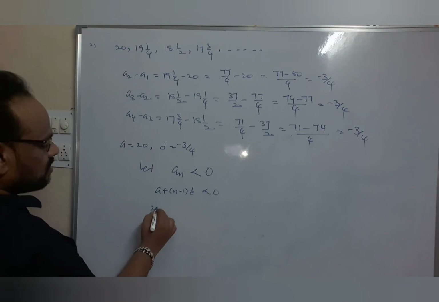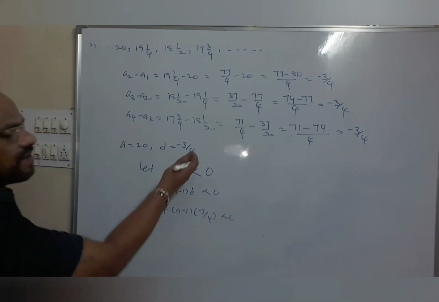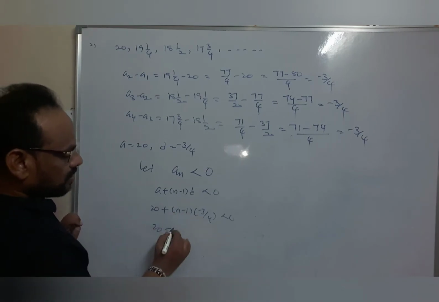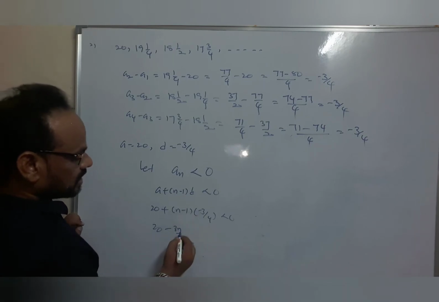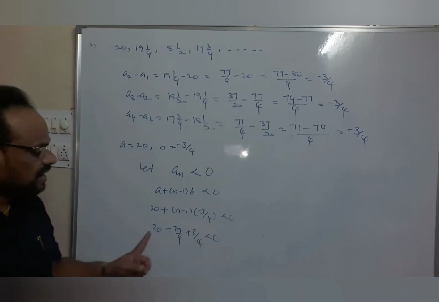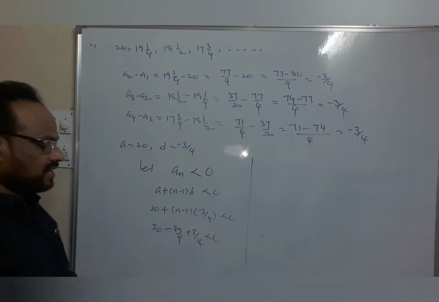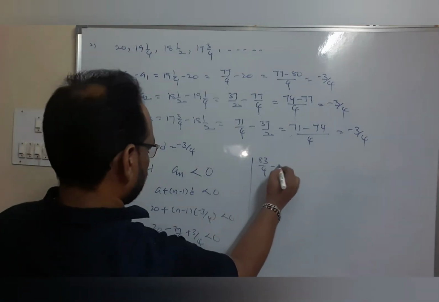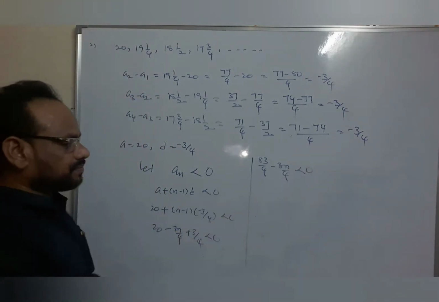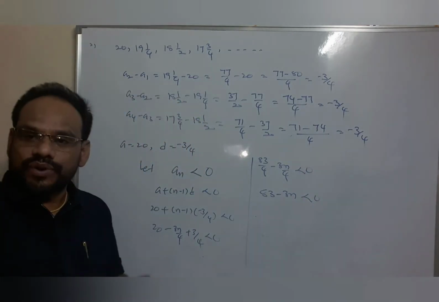Here a is 20, plus (n minus 1) times minus 3/4, less than 0. 20 minus 3n/4 plus 3/4 is less than 0. 20 plus 3/4: 4 twenties are 80, 80 plus 3, so 83/4 minus 3n/4 is less than 0. If you do LCM, 83 minus 3n is less than 4 times 0, which is 0.